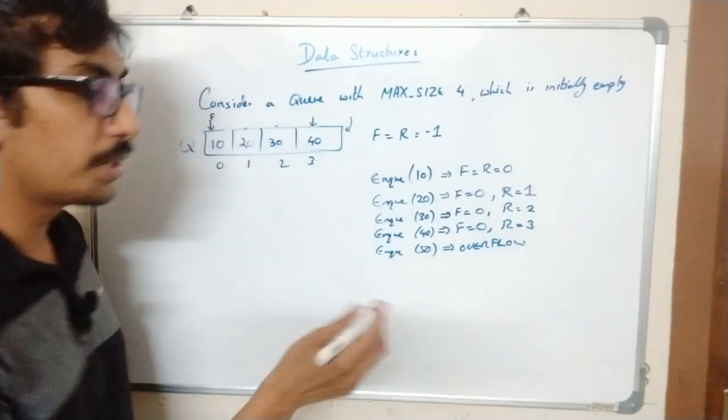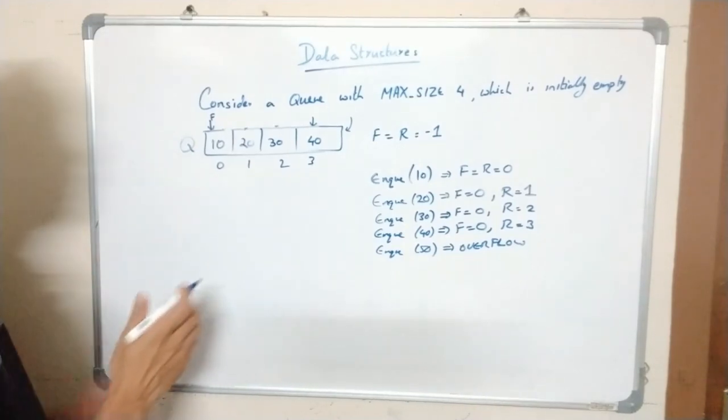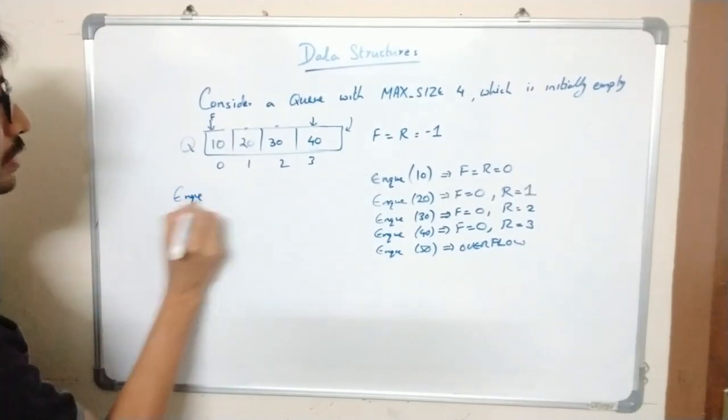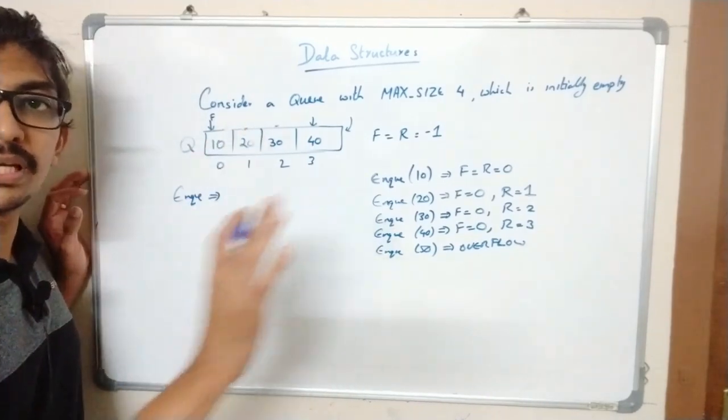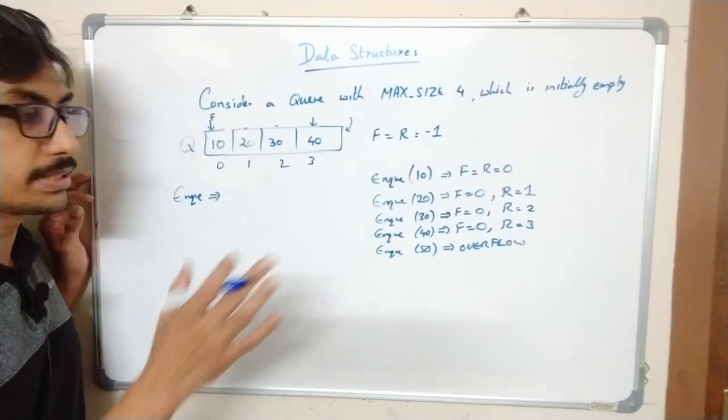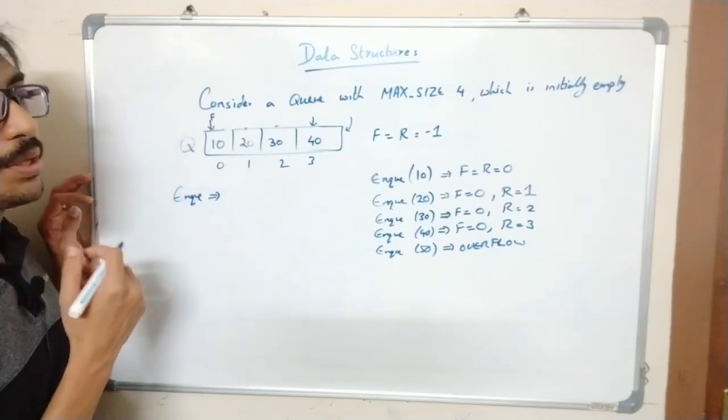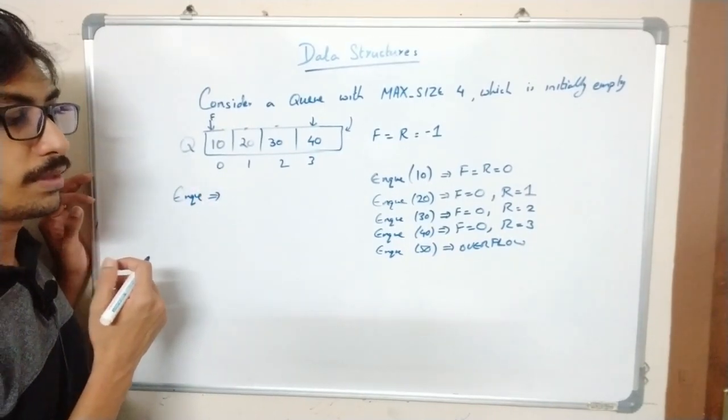Okay. Now we can generalize. During NQ operation, what are the conditions happening? First thing, whenever there is an insertion, we will be checking for overflow condition, which means we will check whether the queue is full. When can you say that the queue is full?